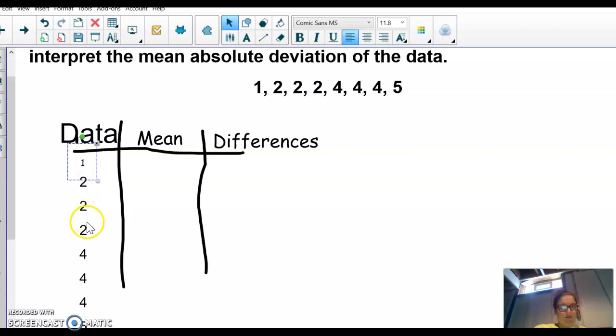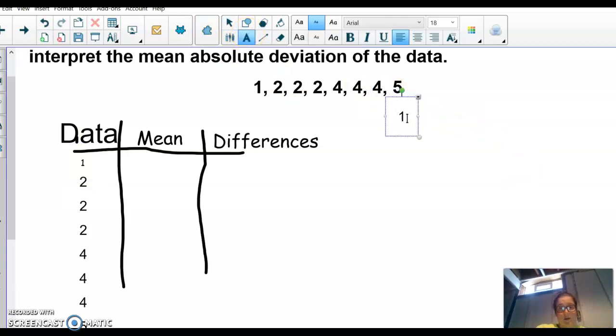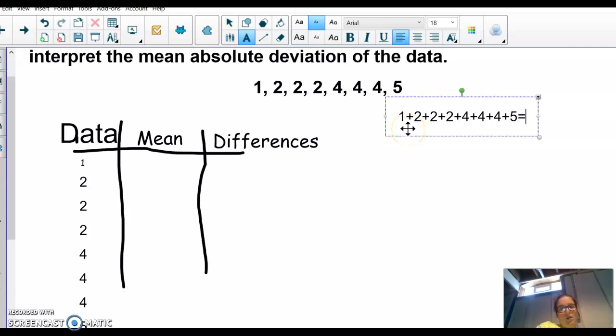So you're going to find the mean of all your numbers. I'm going to take 1 plus 2 plus 2 plus 2 plus 4 plus 4 plus 4 plus 5. I'm going to add them all up. So I have 24. And then you divide by how many numbers you have.